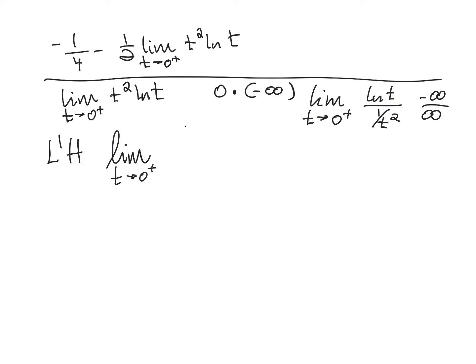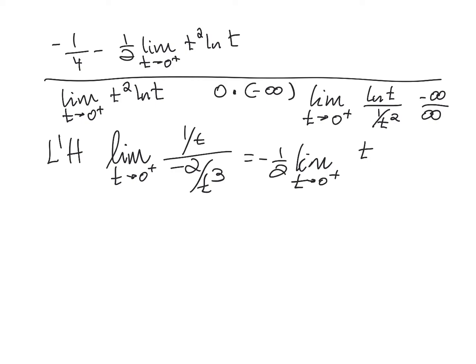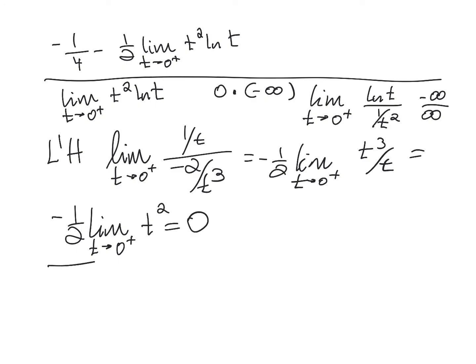The derivative of natural log of t is 1 over t, and the derivative of 1 over t squared is negative 2 over t cubed. Factoring out negative 1/2, this is the limit of t cubed over t, which is negative 1/2 times the limit as t approaches 0 from the right of t squared, and that limit is equal to 0.